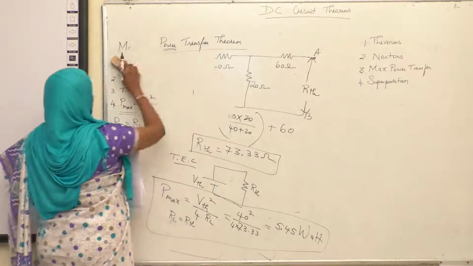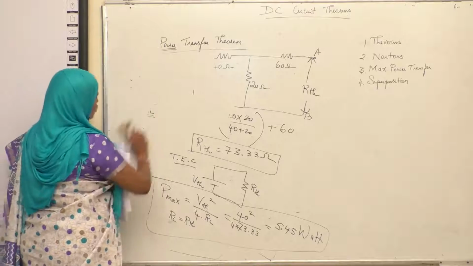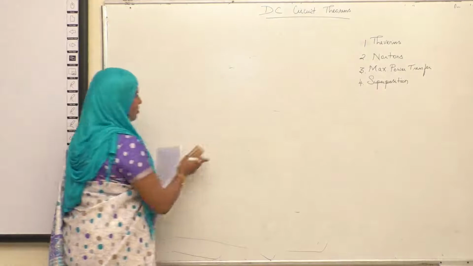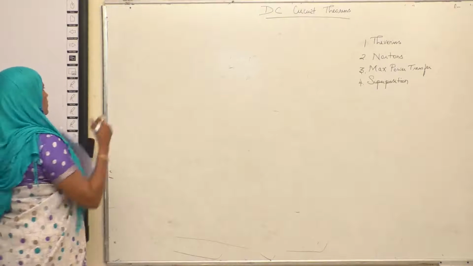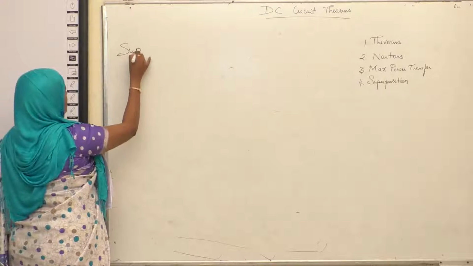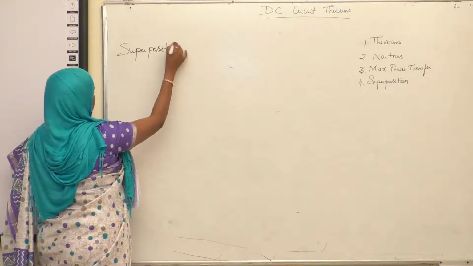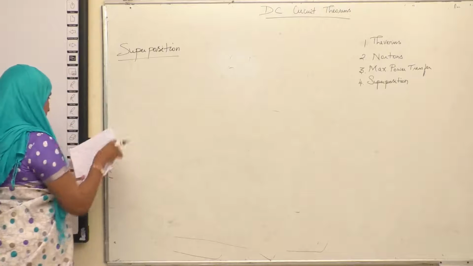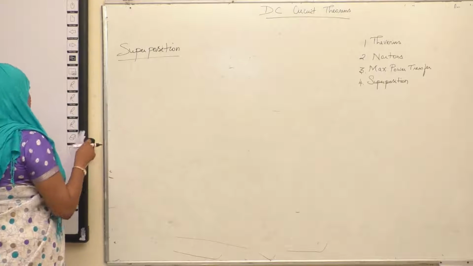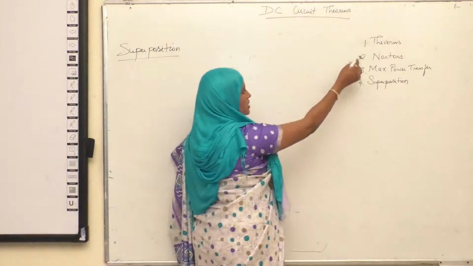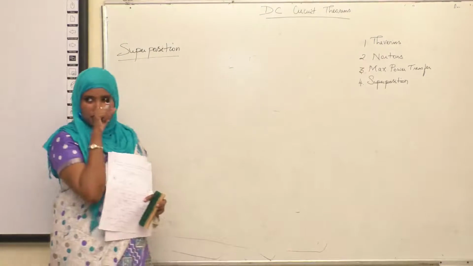Now the final theorem, that is the superposition theorem. This is also very simple. Superposition theorem. So far we have seen three theorems: Thevenin's, Norton's and maximum power transfer.